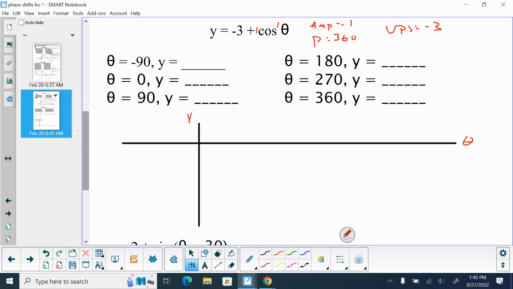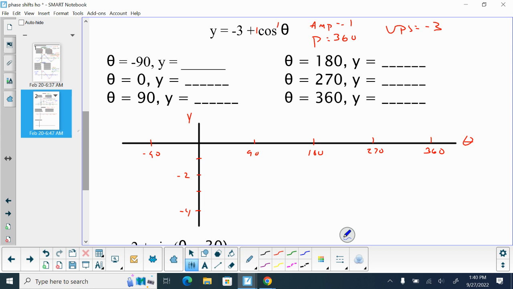I'm just going to count out by 90s, and we're not going to fill in the values here.